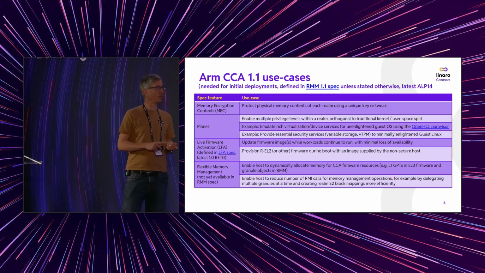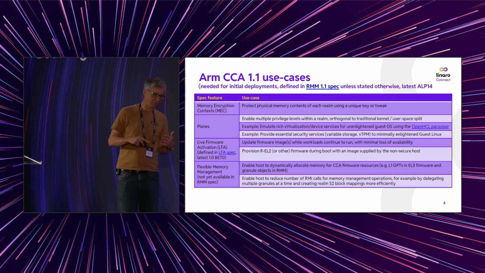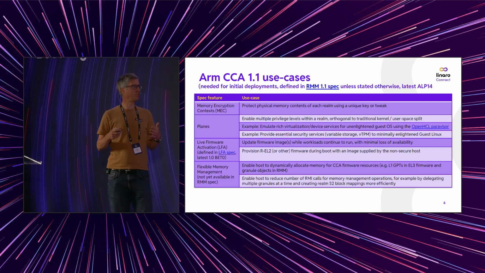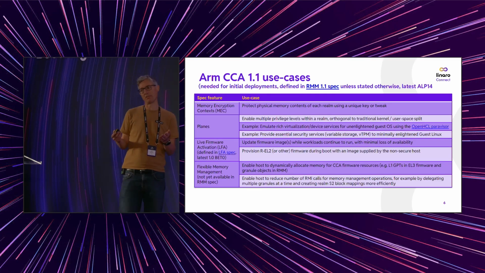So the two use cases we're particularly interested in are being able to emulate a rich virtualization and device services. So, for example, using Microsoft's OpenHCL hypervisor, you can have a lift and shift of your existing Linux and Windows workloads supporting various versions, and as I say, rich device services in there.